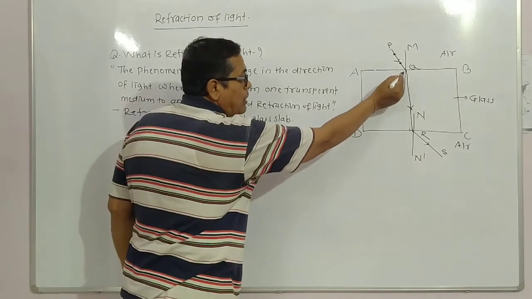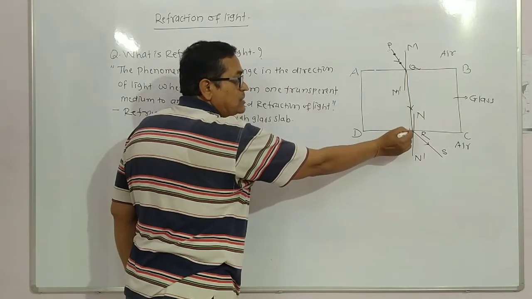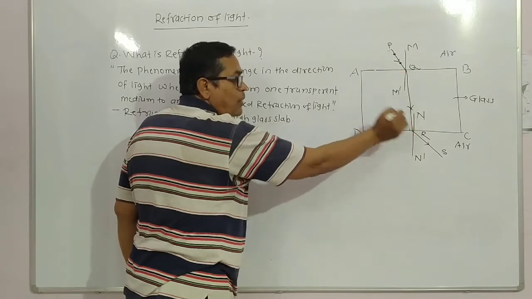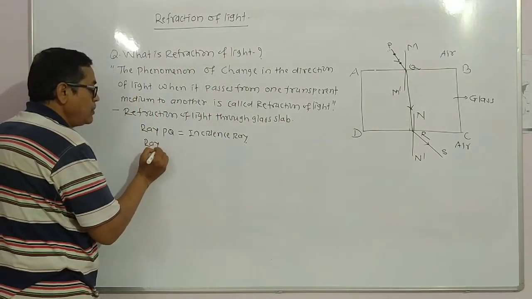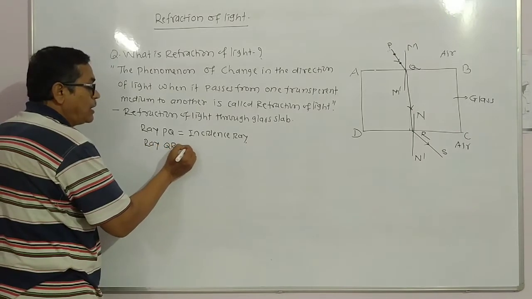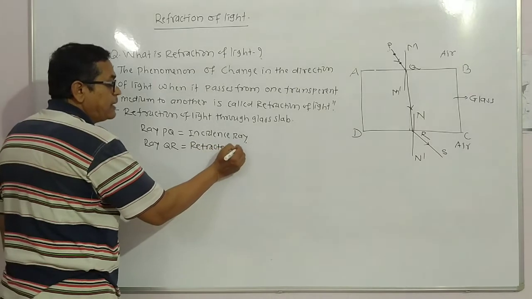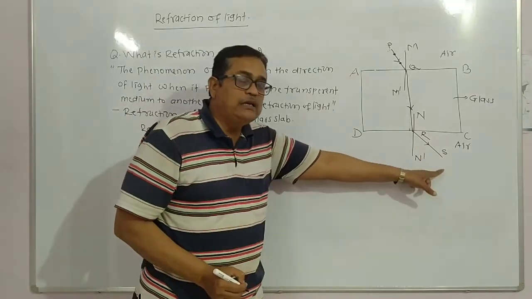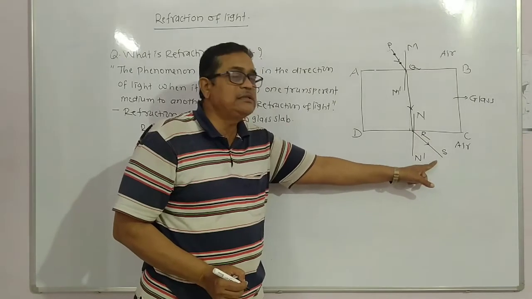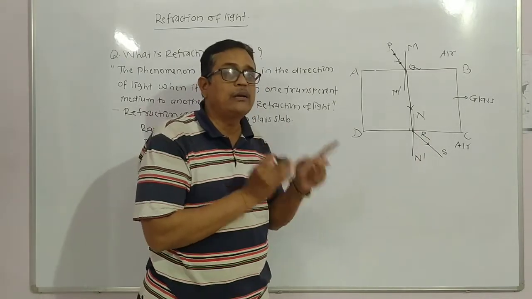Then ray QR: at point Q, it enters the glass slab and changes the direction towards R. Means ray QR is called the refracted ray. And again at point R it enters the air and again changes the direction, and ray RS is called the emergent ray.